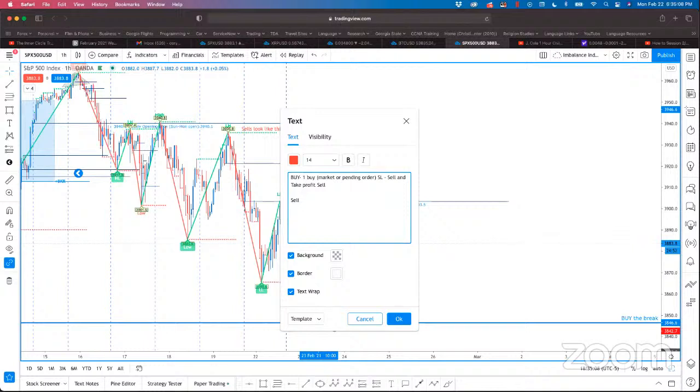In order to sell, let's make this clear. In order to buy, and this goes for every trade, in order to sell, there is one sell order, a market or pending order.